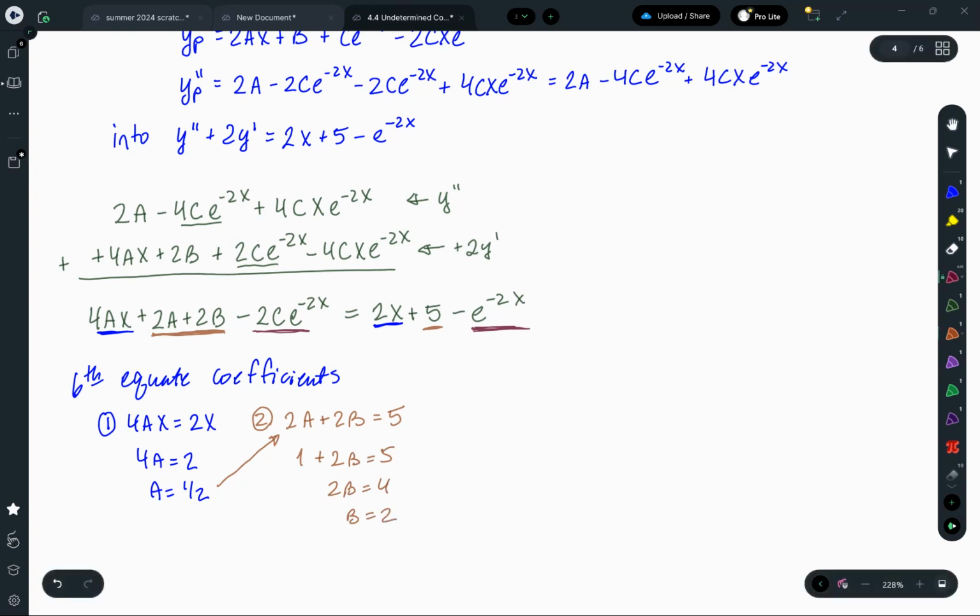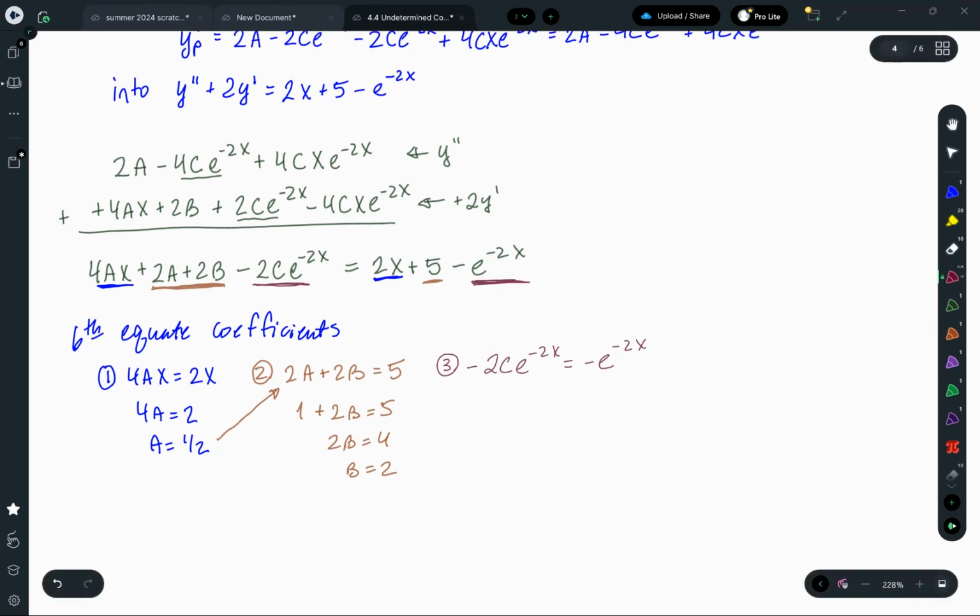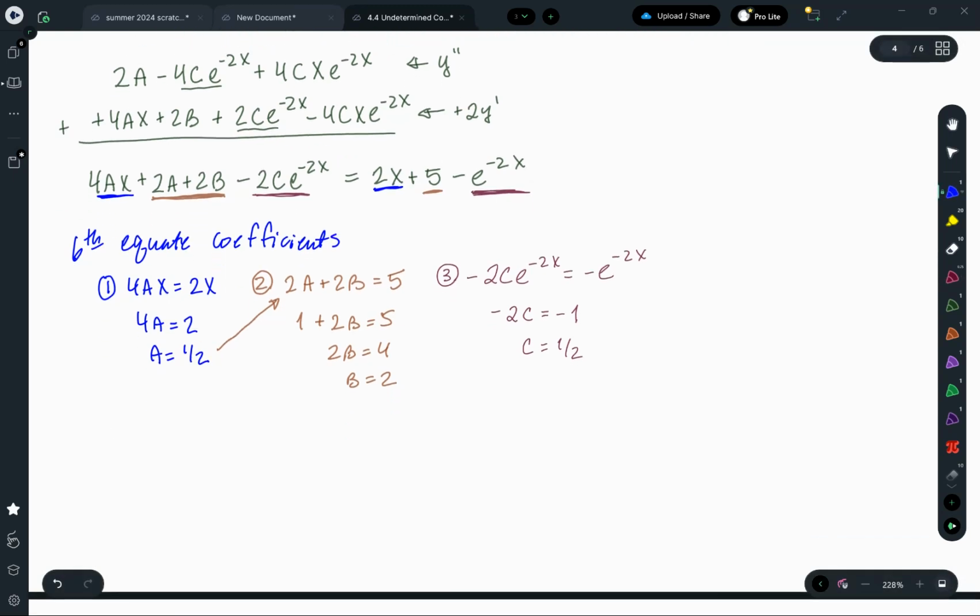My third equation is minus 2c e to the minus 2x equals minus e to the minus 2x. The e to the minus 2x's, those are going to divide out, and I'll be left with minus 2c equals minus 1. So c is a positive 1/2. Okay, I have all my unknowns, so now finally I can form y sub p.